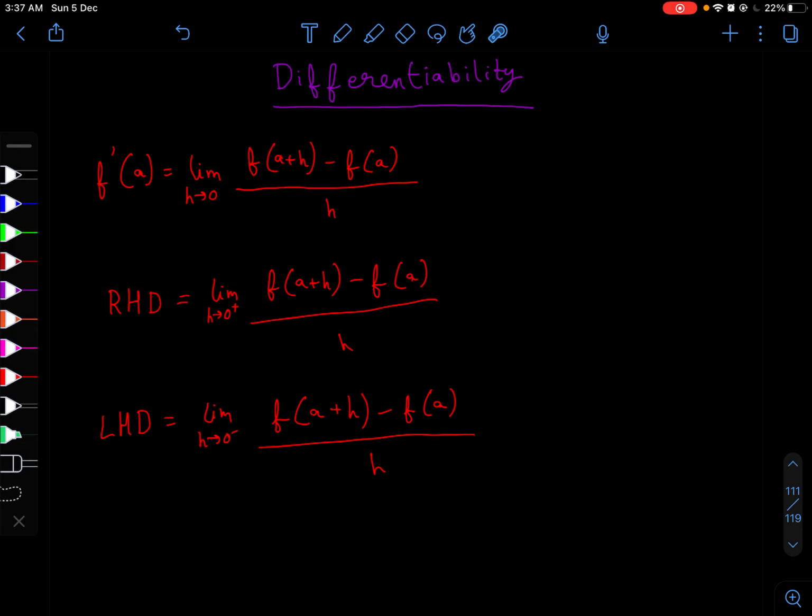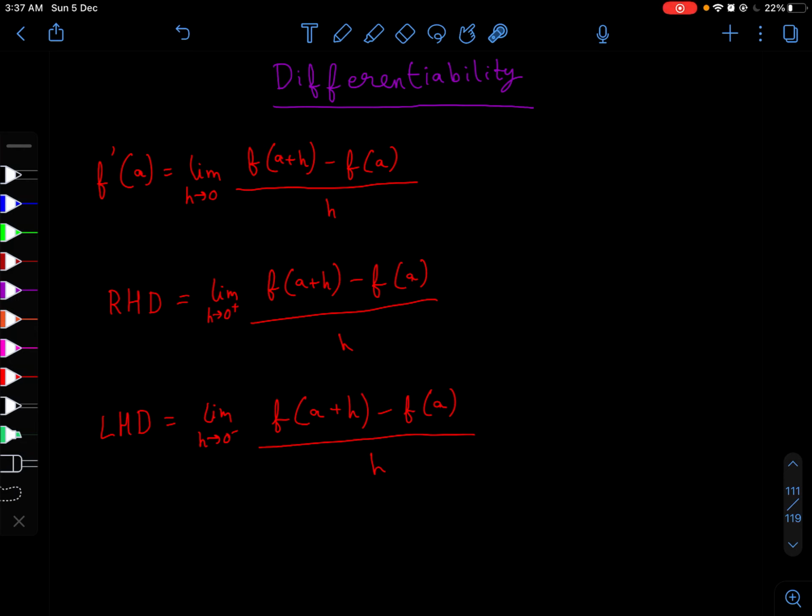And this can be split into two parts, that is the right hand derivative and the left hand derivative. In the right hand derivative we take h tends to 0 plus, and in the left hand derivative h tends to 0 minus.